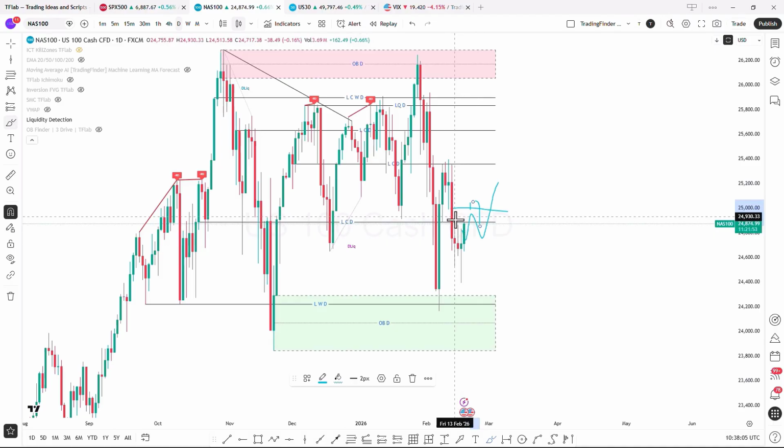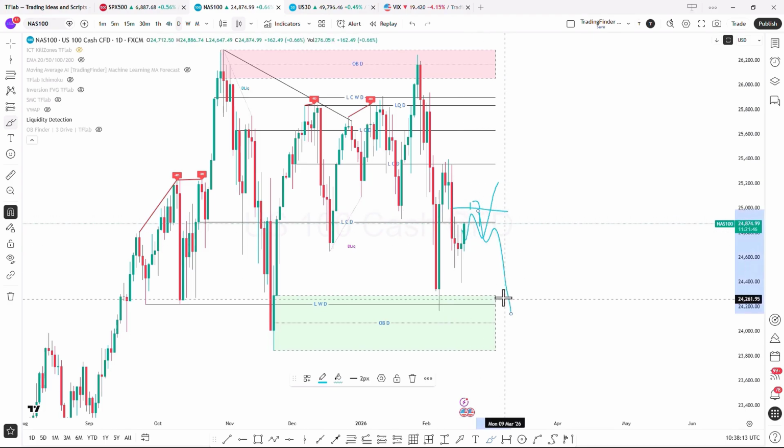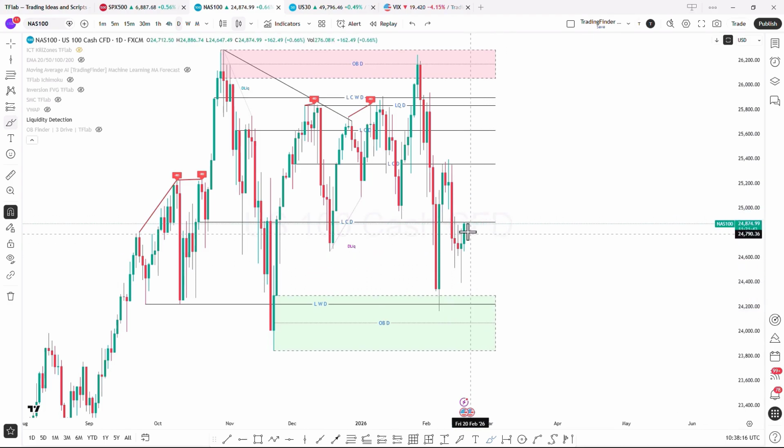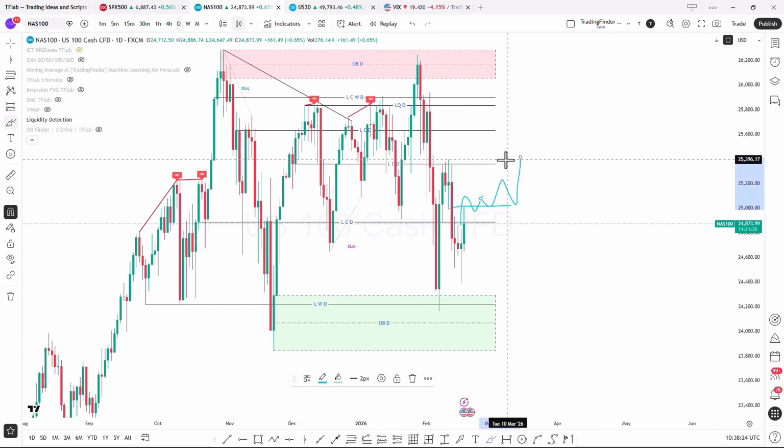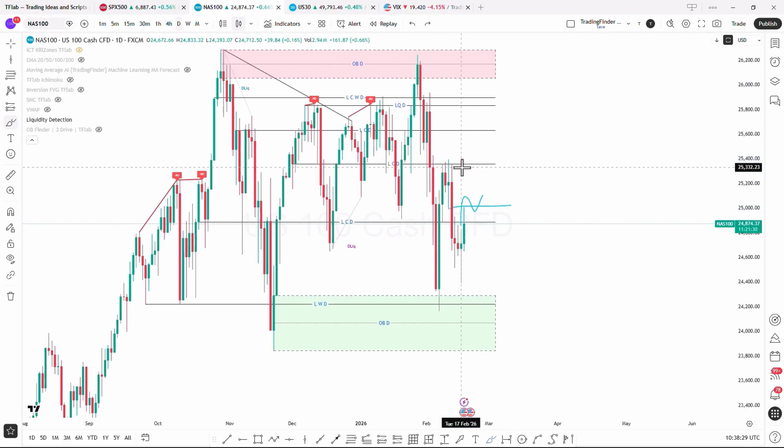If a doji closes at the 24,930 level, it could indicate bearish sentiment in the market and target lower prices for the next day. However, if it closes above the fair value gap area and is accompanied by bullish displacement, it could target higher prices the next day in order to collect liquidity on the buy side.